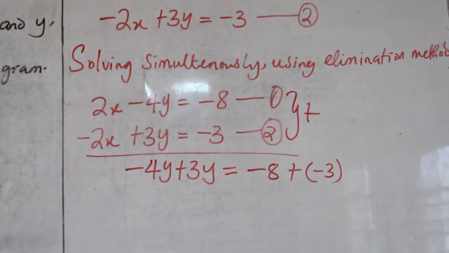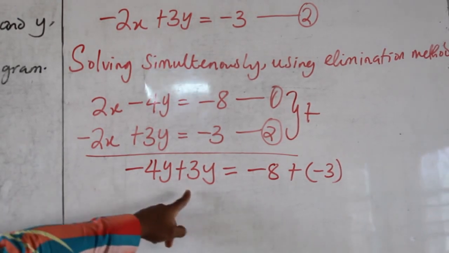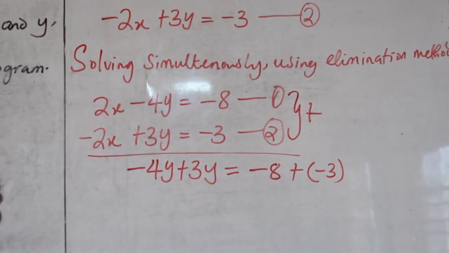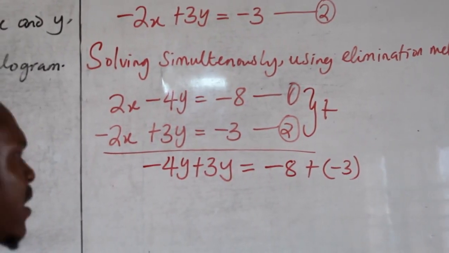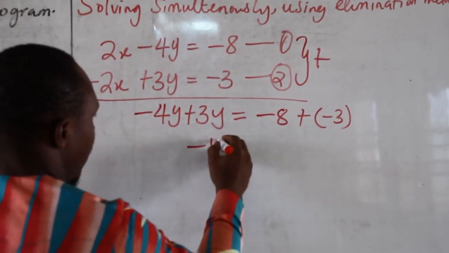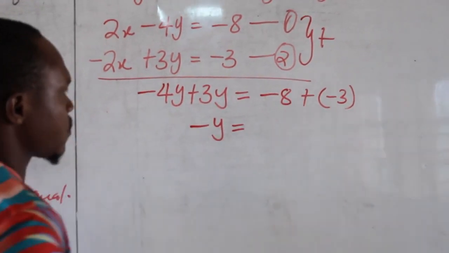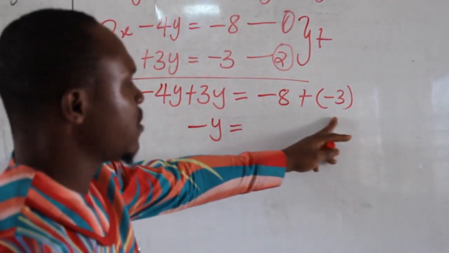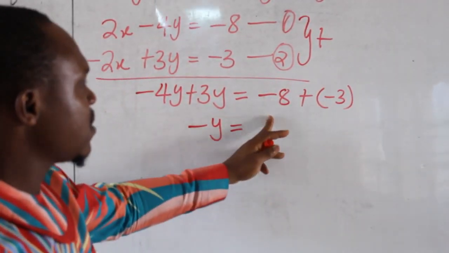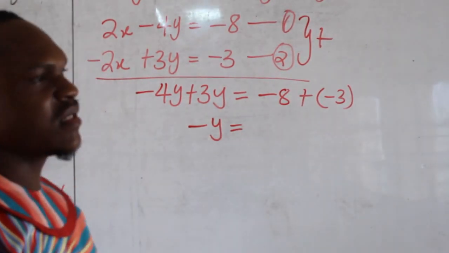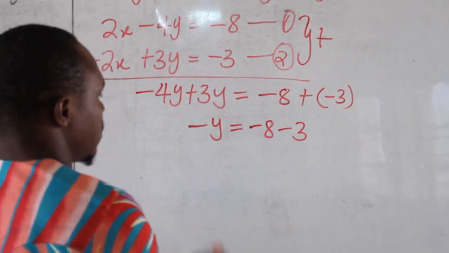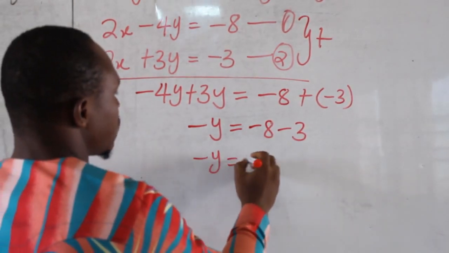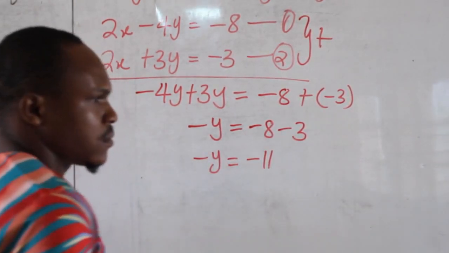So, minus 4y plus 3y is simple as saying 3y minus 4y. Okay, and that gives us minus y as being equal to minus 8 plus minus 3. Minus 8 plus minus 3 is simple as saying minus 8 minus 3. So we have minus y is equal to minus 11.